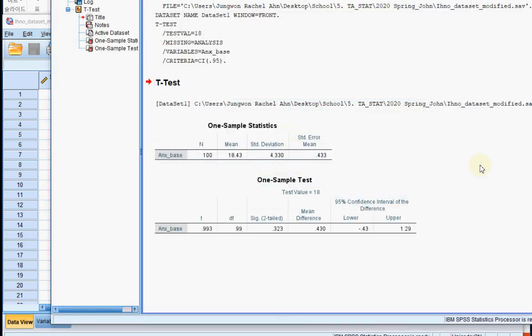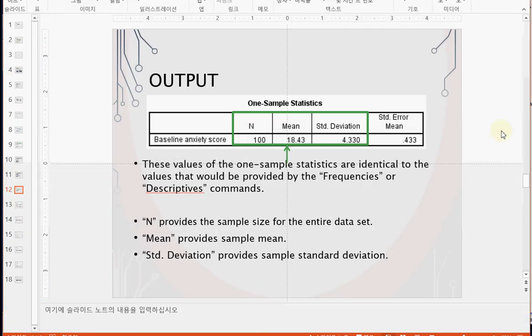So we've got the results in two tables. Let's walk through each one. Here you see the statistics for anxiety score. We've got the sample size, mean, standard deviation, and standard error of the mean of the anxiety score.